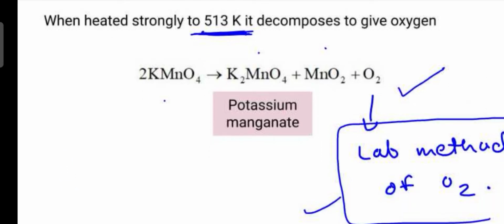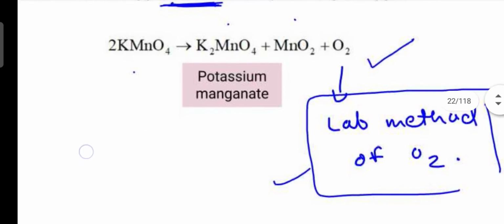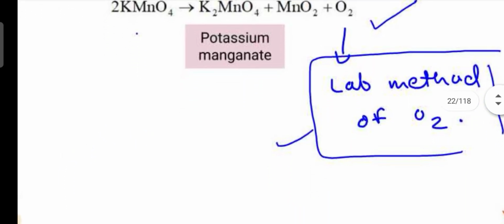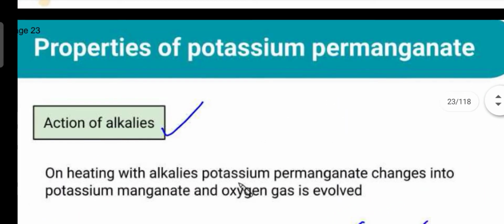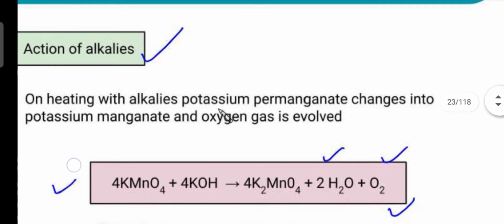KMnO4 will give potassium manganate, MnO2 and O2. This is the lab method to prepare oxygen.